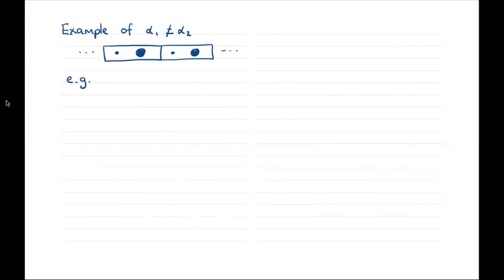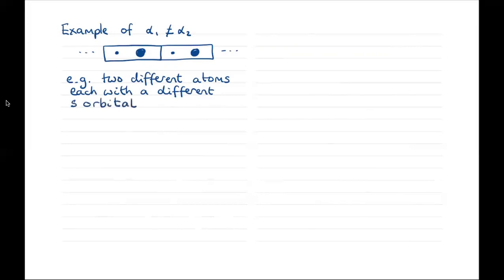And we might have an example of 2 different atoms, each with a different s orbital. I'm choosing s orbitals in both cases so that the sign of beta is unchanged from the previous example.